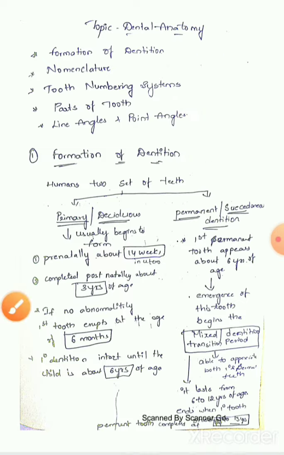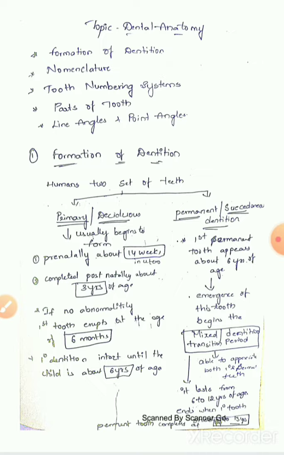This period usually lasts for 6 to 12 years. During this period we can appreciate permanent incisors and permanent molars, whereas the deciduous canines and deciduous molars are usually still in the oral cavity. As the child progresses, the deciduous teeth shed off, leading to the eruption of permanent canines and permanent premolars. So it usually completes at 13 years.